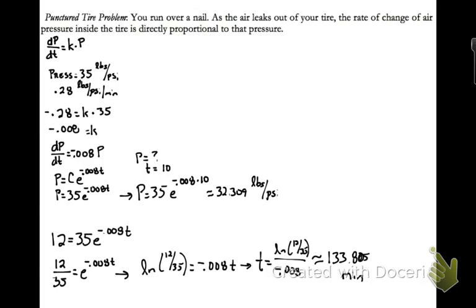So this car will be good for at least 2 hours.